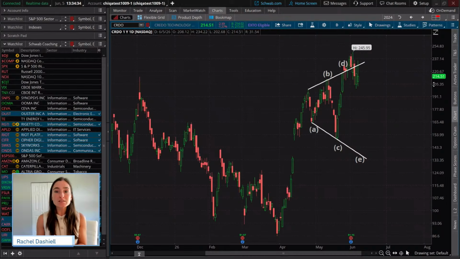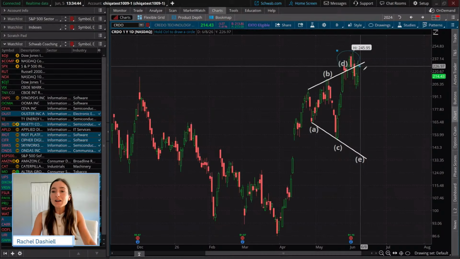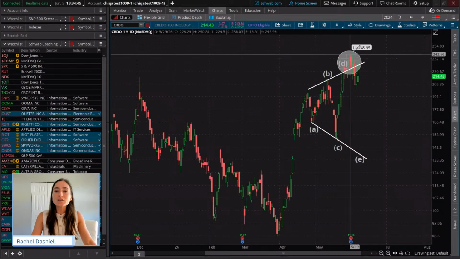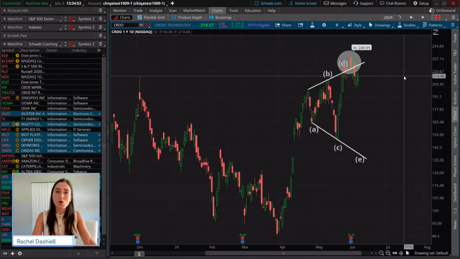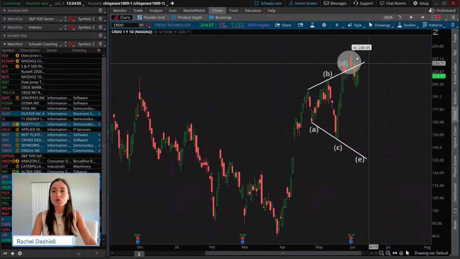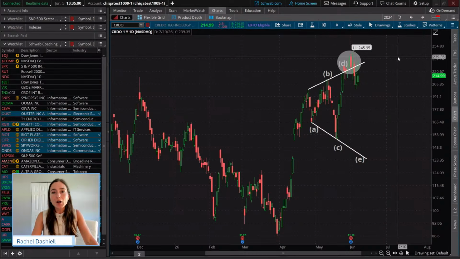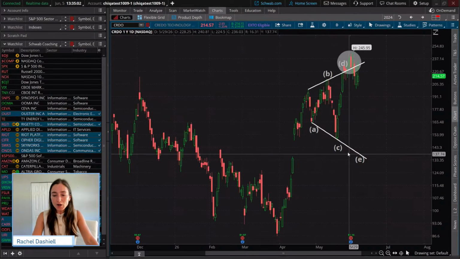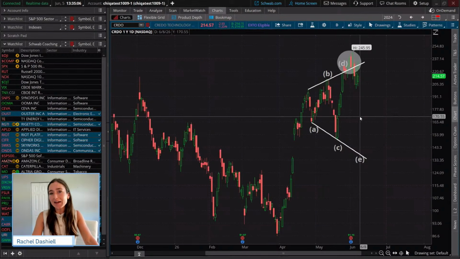Very difficult to trade. The reason why is because they are known for false breakouts. You can actually see in this wave D, you had this false breakout to the upside here. And this is very, very common. So with any broadening formations, or in this class, expanding triangles, you are typically going to see a move beyond that upper resistance or that lower support, and then you'll typically see price enter back into that.